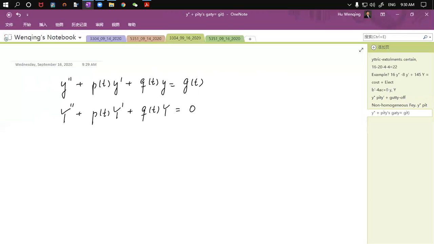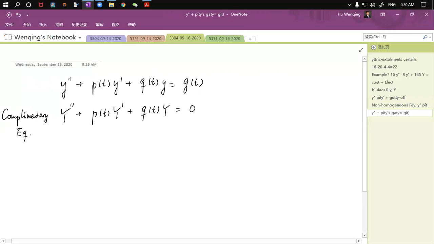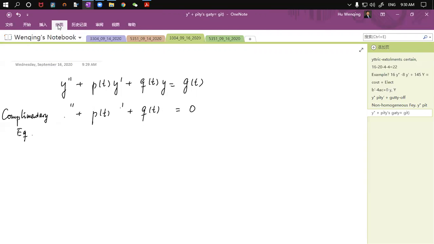This homogeneous equation is the so-called complementary equation. This is a new terminology. Sometimes we will not use the capital Y, but rather we will just call it yc.